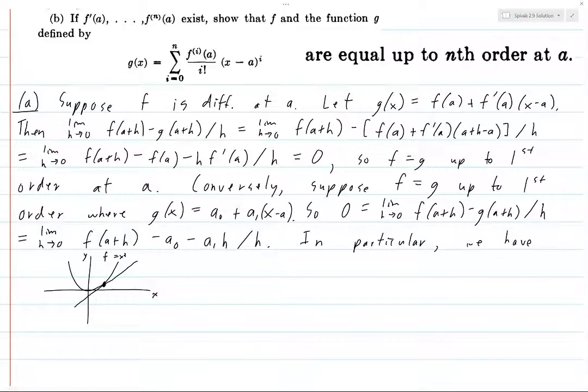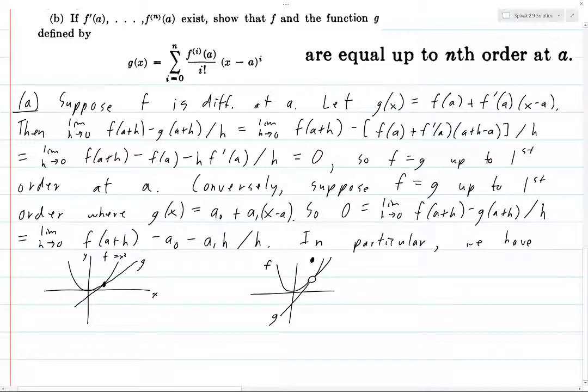So now suppose we have an open circle there, and at this point f will take that value. And then we've got this tangent line through this point. So this is f and this is g.